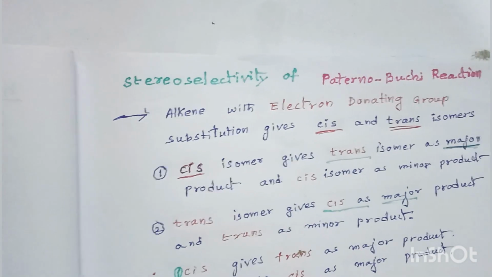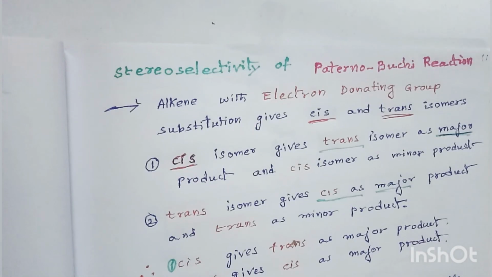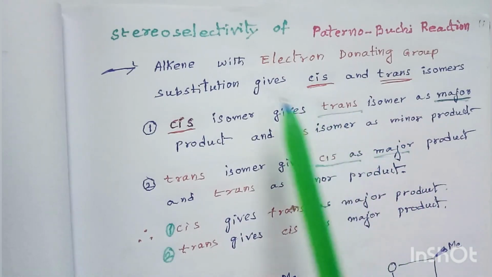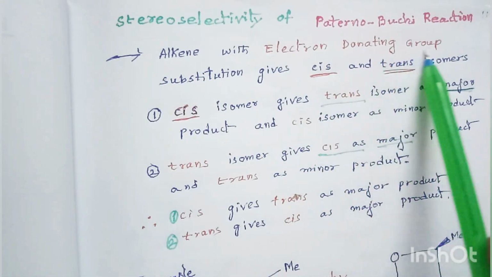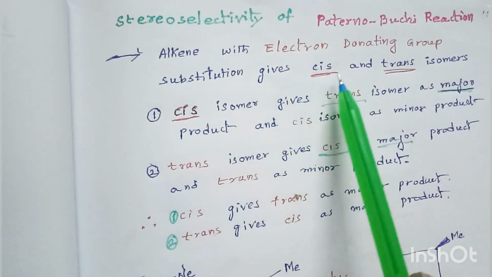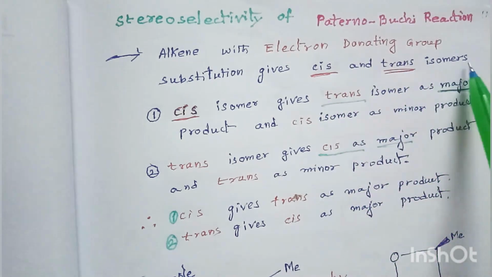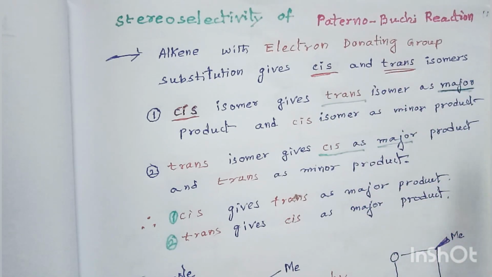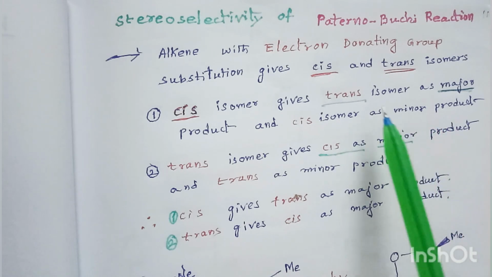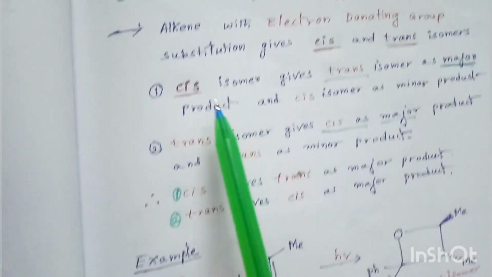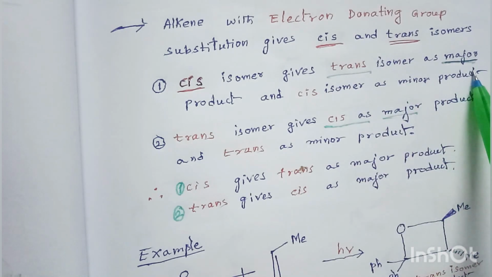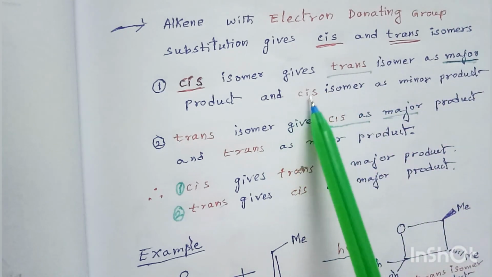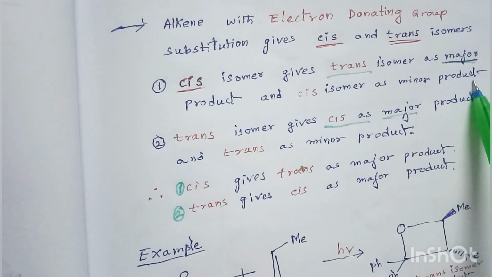Now let us see the stereoselectivity of Paterno-Buchi reaction. Alkenes with electron donating group substitution give cis trans isomers upon reaction with carbonyl compounds. A cis isomer gives trans isomer as major product and cis isomer as minor product.